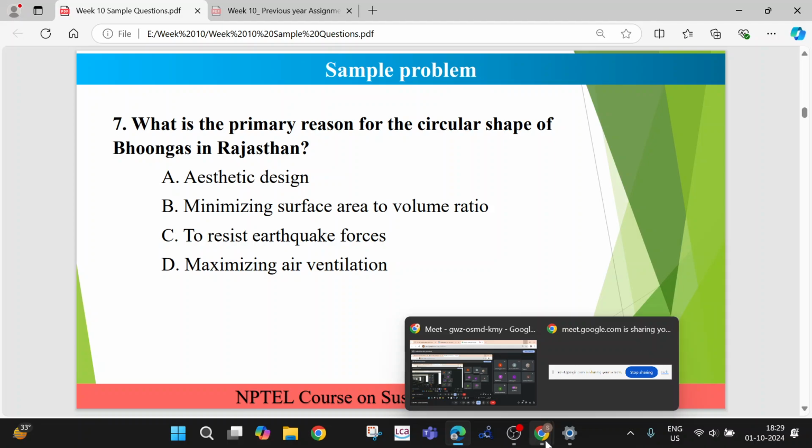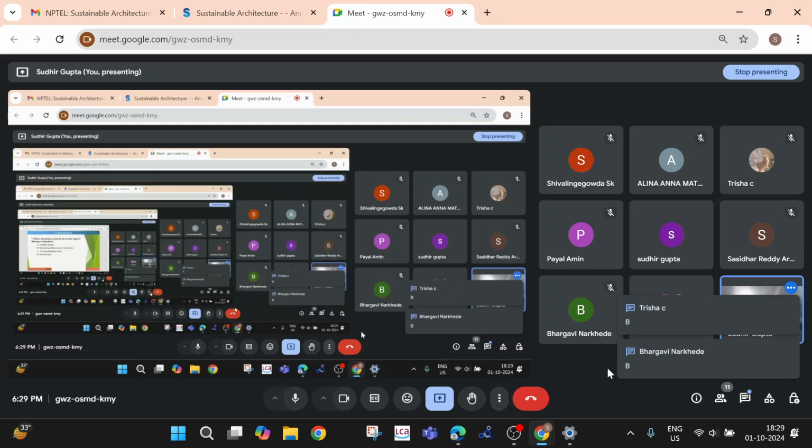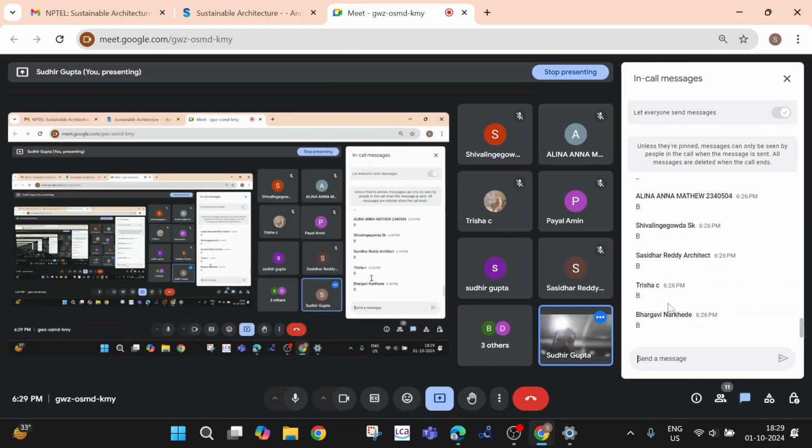What will be the advantage of circular shape? Okay, so all of you have given the right answer.